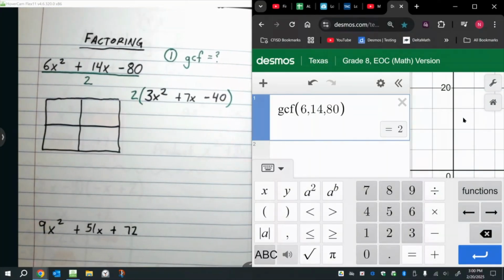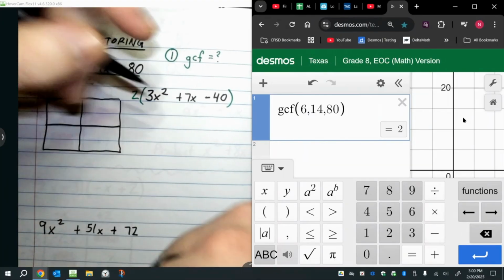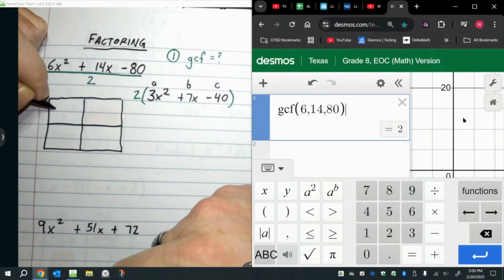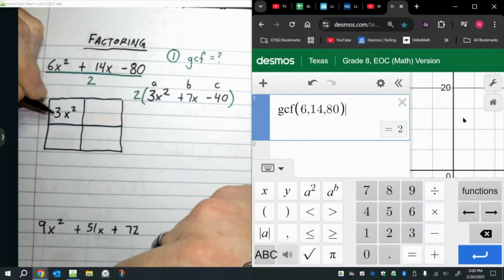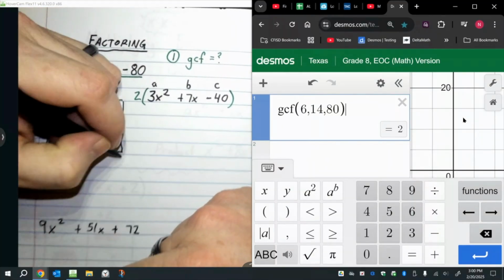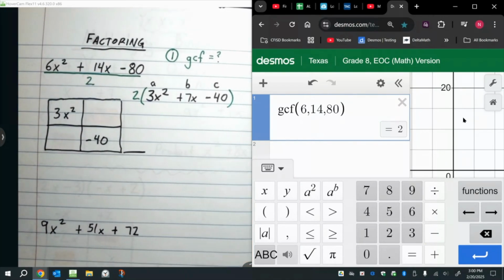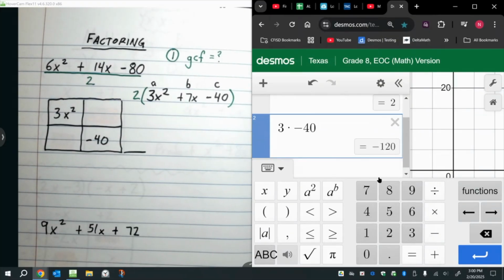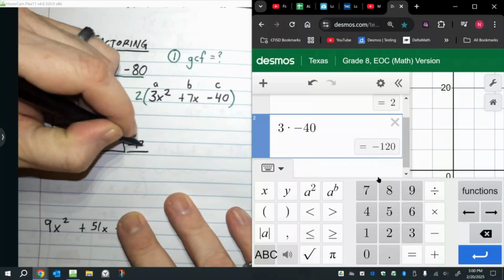Now here is where I'm going to label my A, B, and C. So 3x squared goes here, negative 40 goes there, and if I multiply 3 and negative 40, what is 3 times negative 40? It's negative 120.